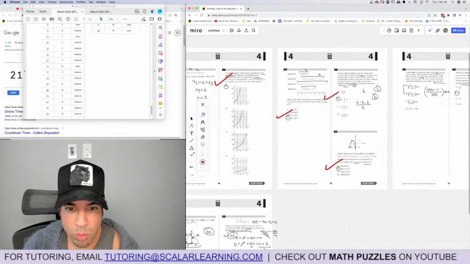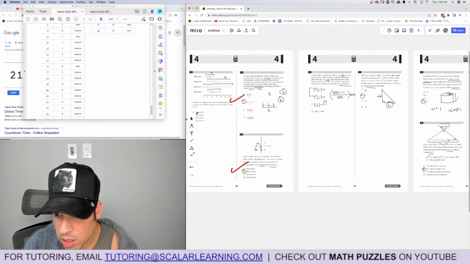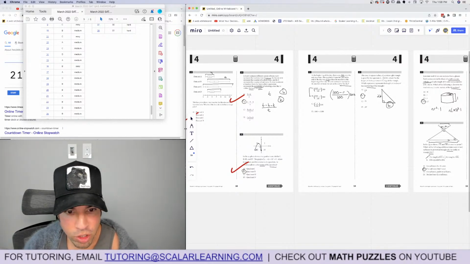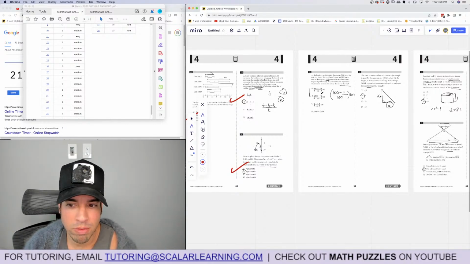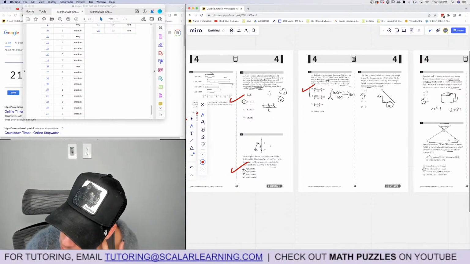Then we got the weird 21. I knew it was one of them, but I think they made a mistake, right? Because literally, look, they're the exact same. So I'm just going to mark it right, because I think B was supposed to be a different option. Yeah, so I knew it was this. It was just like, what's going on?